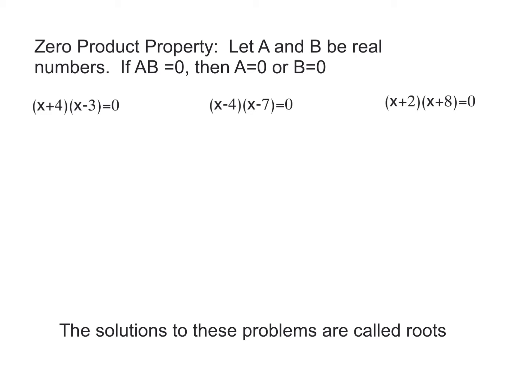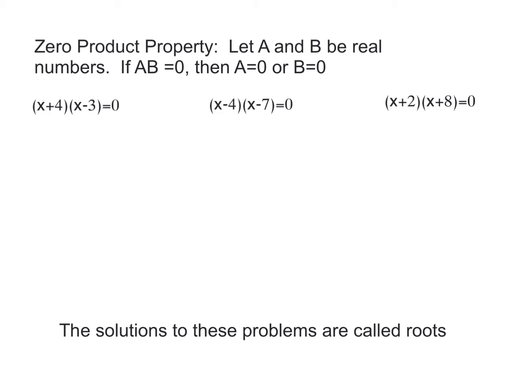Now what that basically says is that when in an equation, if we have A times B equaling 0, the end result can be that either A could be 0, B could be 0, or both of them could be 0 technically.